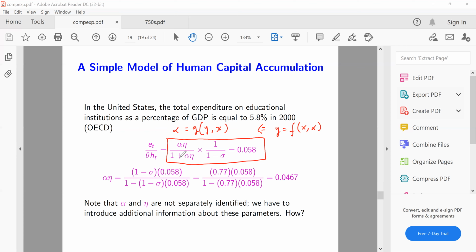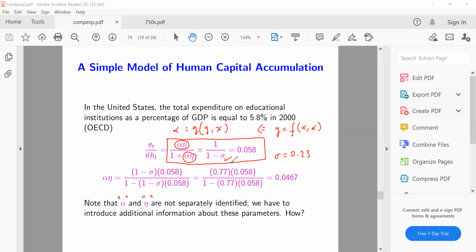Given data. But the problem is that alpha and eta are not separately identified if you look at it carefully, because these parameters enter this function in this way. And even if I know sigma, remember that I calibrated sigma earlier as equal to 23%, right?